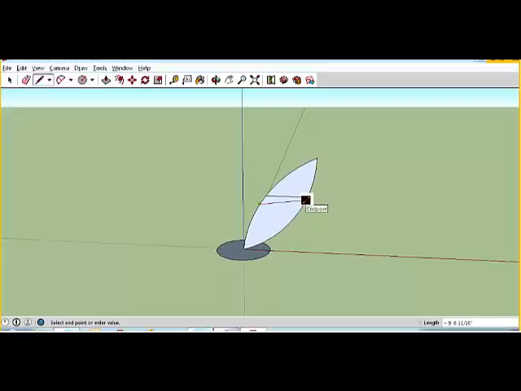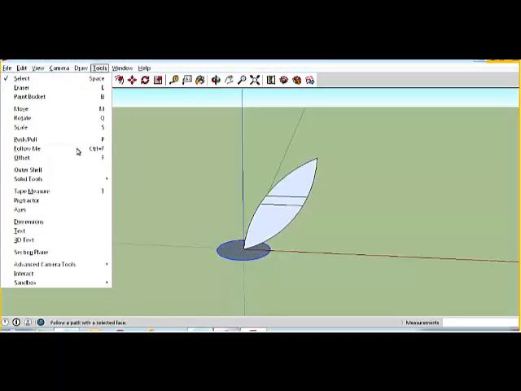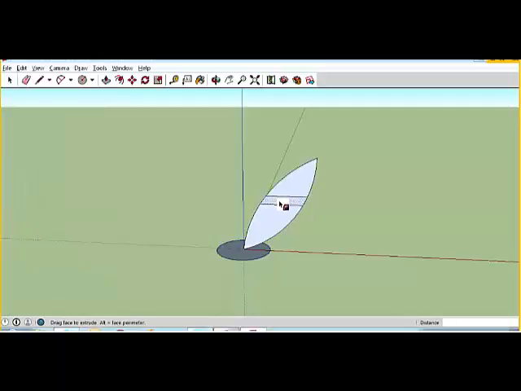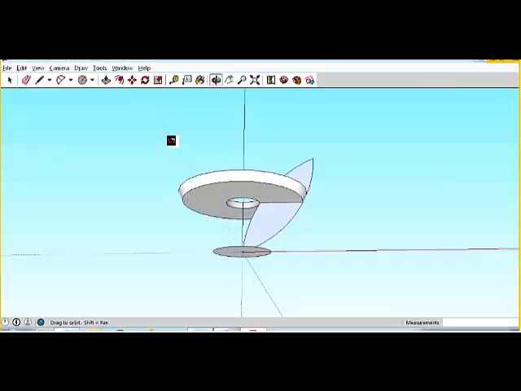I have to make sure it's horizontal, but there we go. So I've created a rectangle. That's a horizontal rectangle instead of a vertical rectangle, and I'm going to rotate that around the y-axis. I've got my circle here to follow. So I'll click the circle, go to Tools, Follow Me, click on that, and there you go.